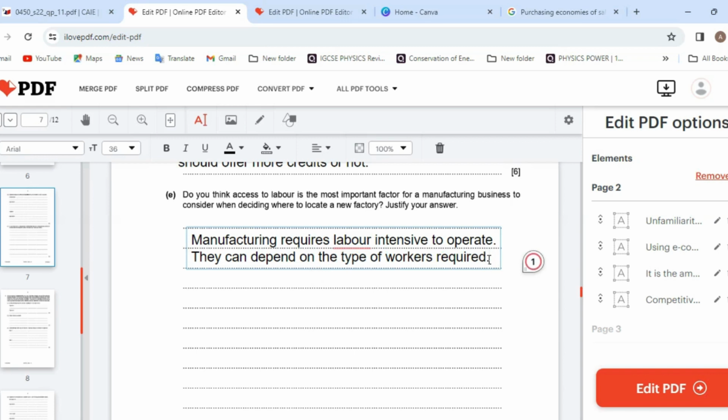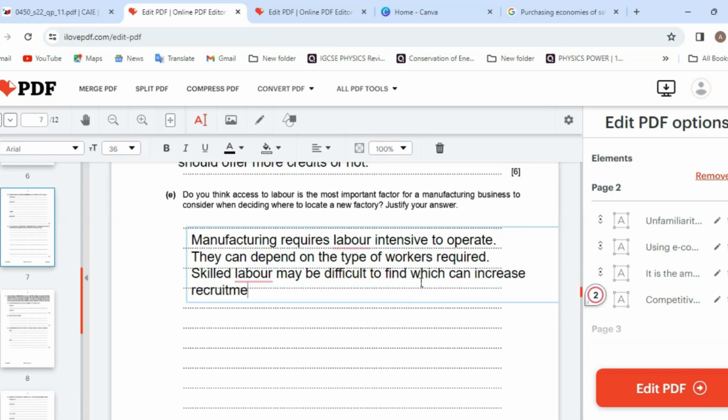One of the disadvantages here is that skilled labor may be difficult to find, and that can increase recruitment costs. Let's say which can increase recruitment.